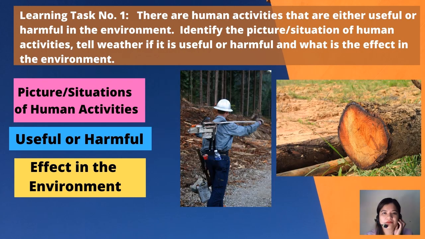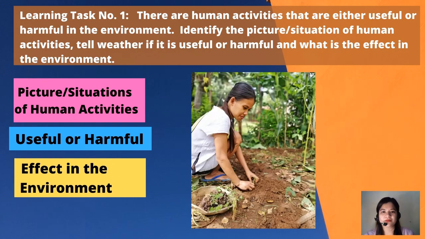Next picture. So you can see here a guy holding something that can cut trees, something like that. So what do you think is the situation here? Is it useful or harmful? And what is the effect in the environment of what he is doing? The next image is this one.